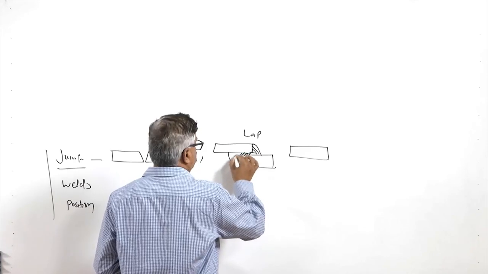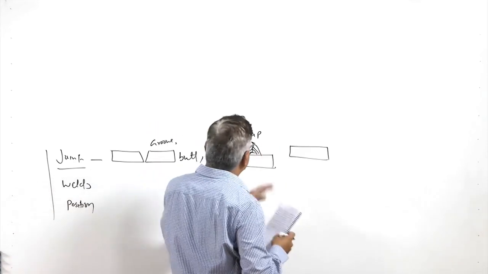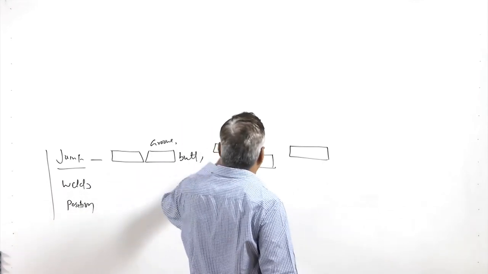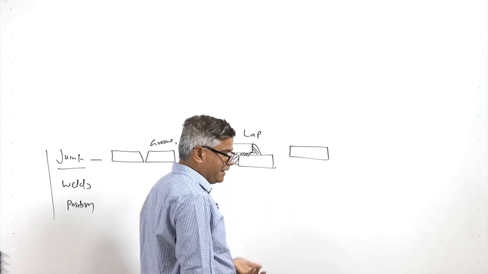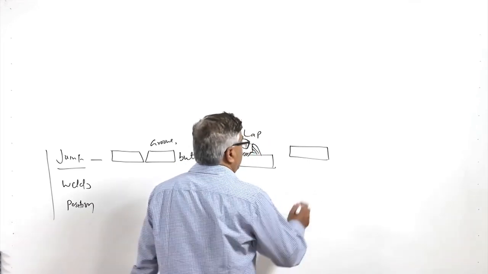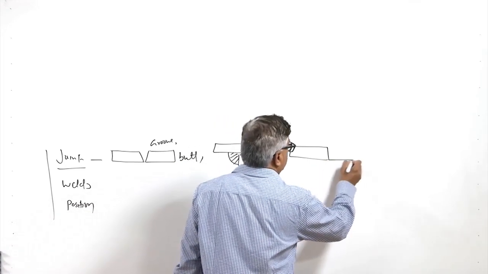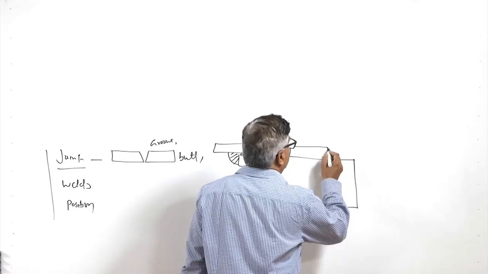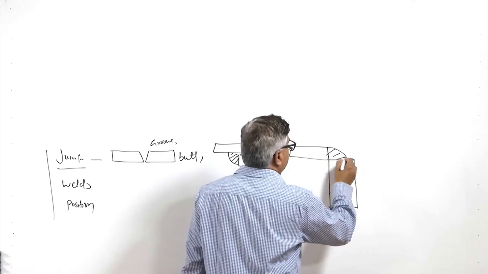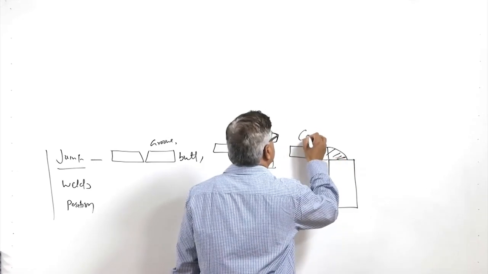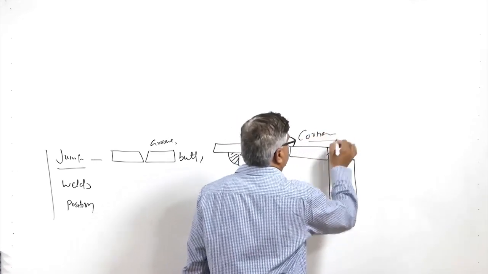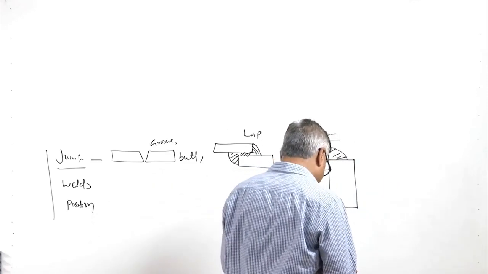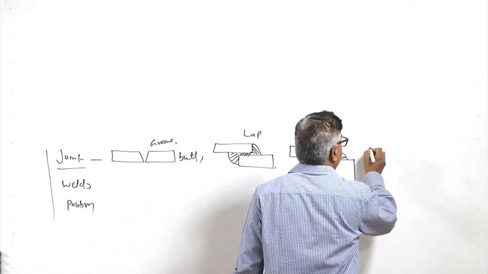It may be made as a single fillet or double fillet, or with filler metal at the interface like in brazing and soldering. Then in case of the corner joint, the fillet is made at the corner.